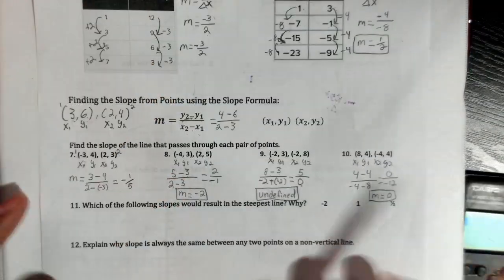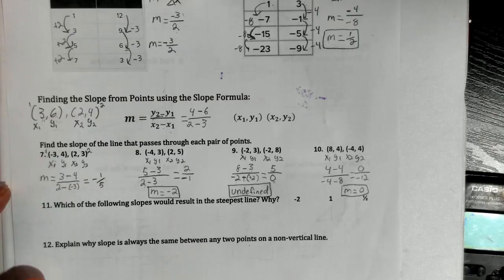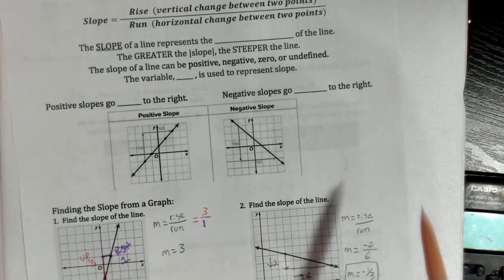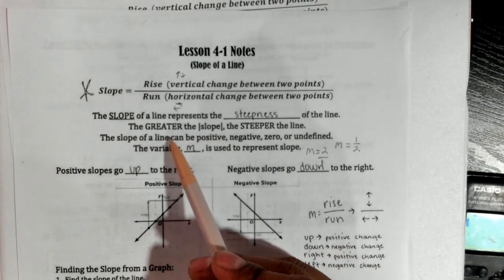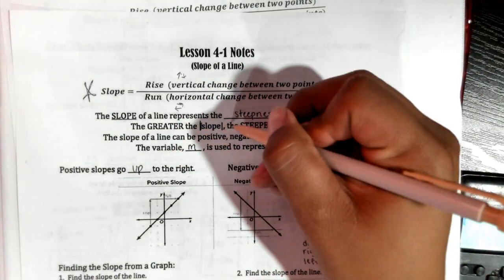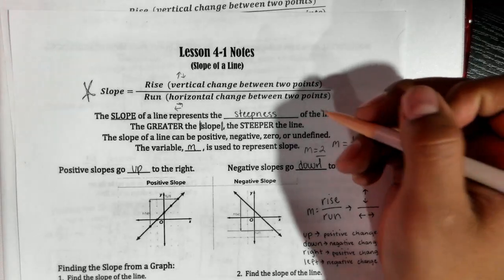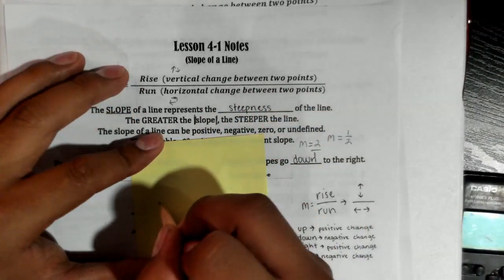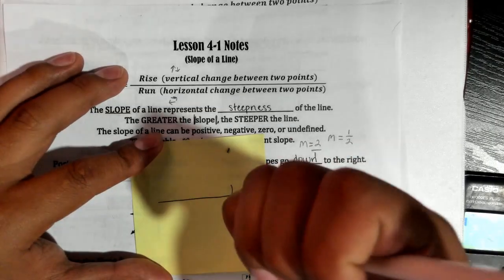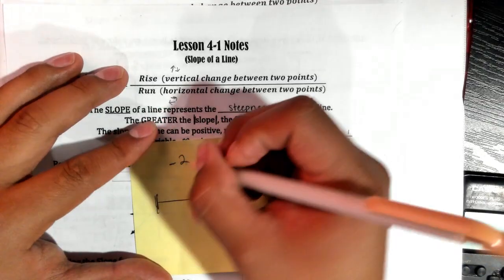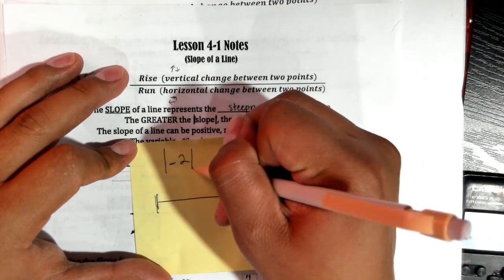Number 11 is asking which of the following would result in the steepest line. Now in the beginning, we didn't really talk about it too much, but we said that the greater the slope, and then these lines right here, this is absolute value. Absolute value is saying if I were to have a number line and say, what is the absolute value of negative 2? And I show that by putting bar and bar.